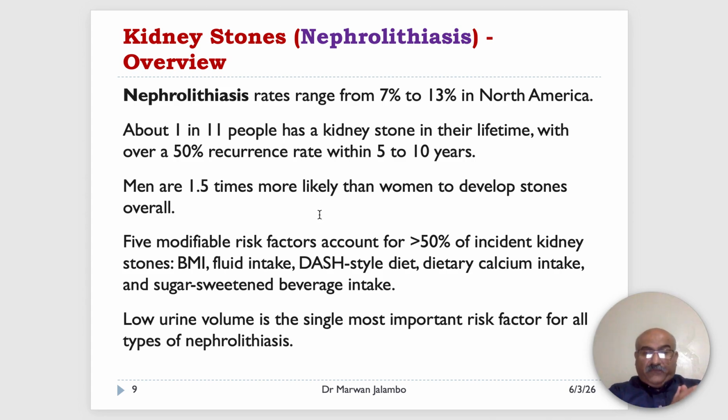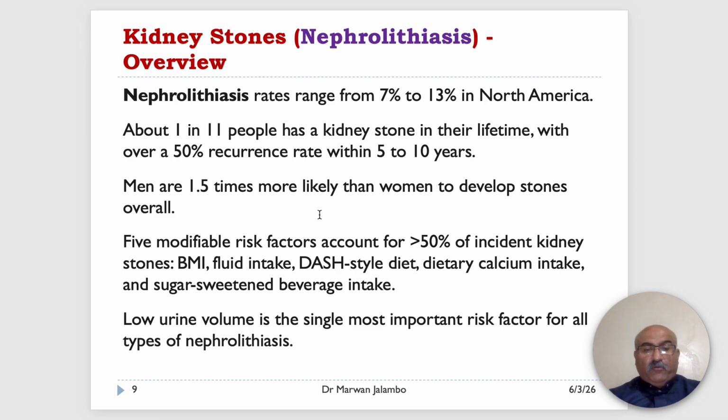Over half will have a recurrence within 5 to 10 years. Also, men are actually 1.5 times more likely to develop them than women.